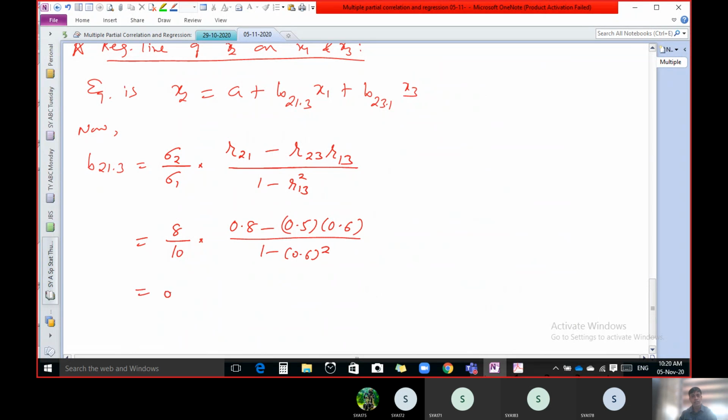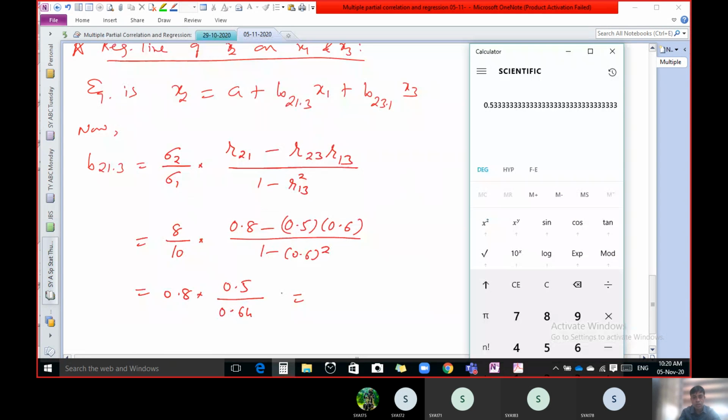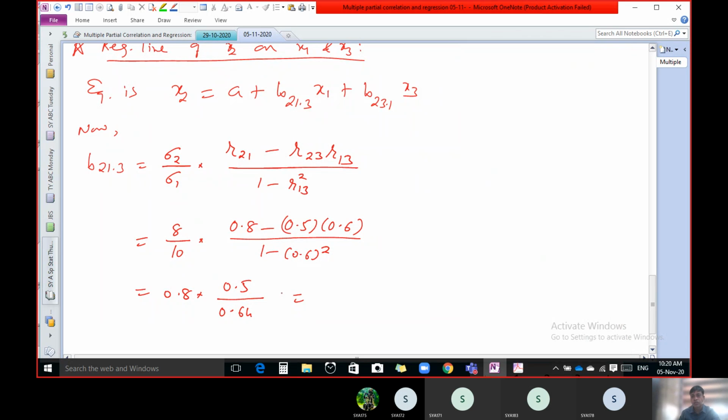Do the calculation. 0.6 into 0.5 is 0.3. 0.8 minus 0.3 is 0.5. 0.6 squared is 0.36, and 1 minus 0.36 is 0.64. So 0.8 into 0.5 divided by 0.64 gives 0.625.